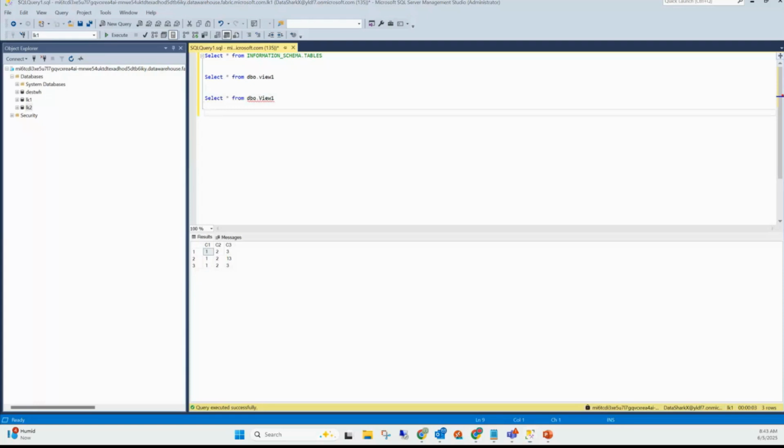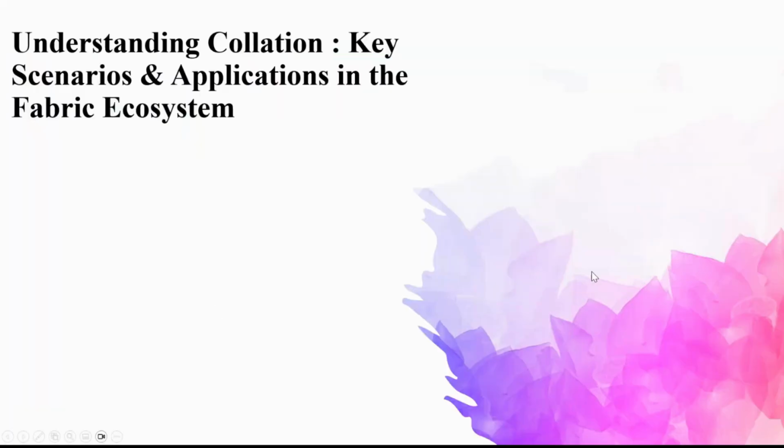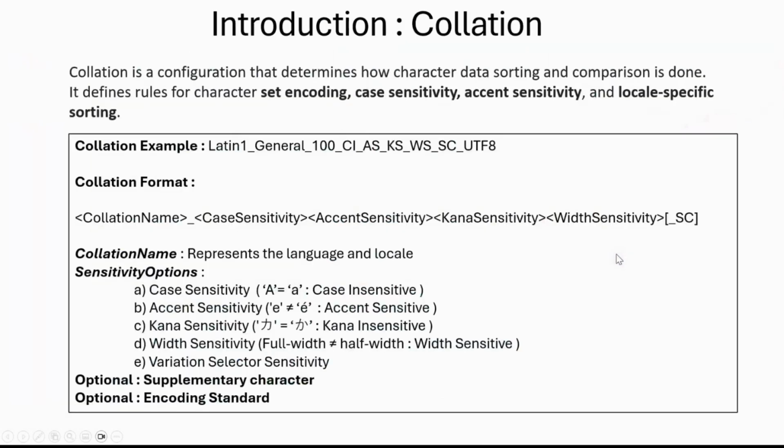Those can be managed by something called collations. So collation is basically a configuration that determines how character data sorting and comparison is done.